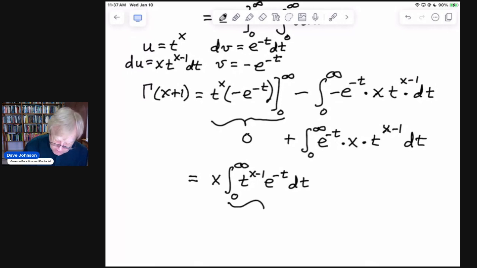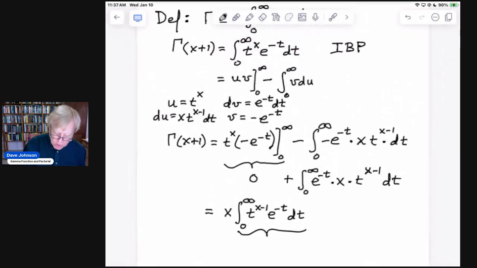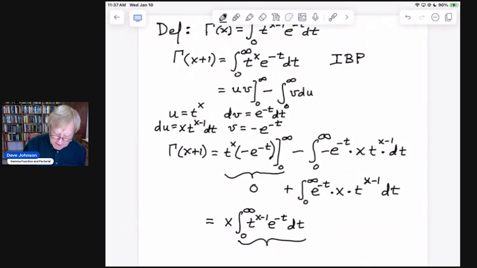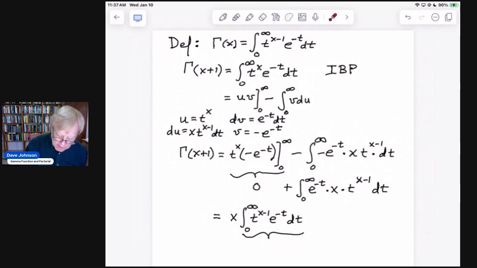Well, this is just what we started with for our definition of the gamma function, gamma of x. So let me write that. Notice here, integral from 0 to infinity, t to the x minus 1 times e to the negative t dt. That's exactly what we have here.